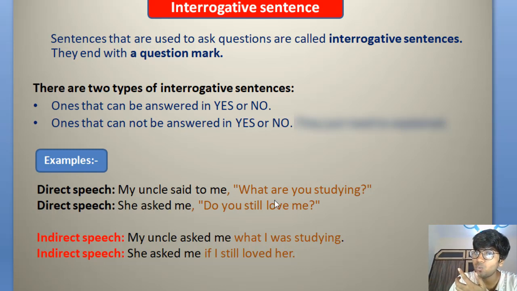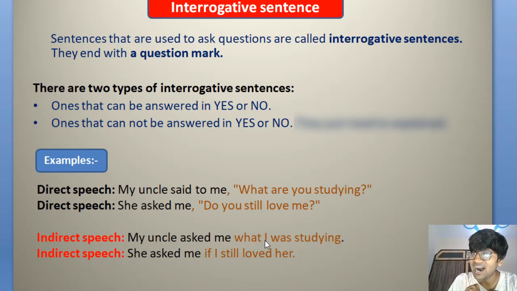Now, why was? My uncle said to me, "What are you studying?" Who is you? You is referring to me, right? And the subject of a sentence, of a clause, is always the first person pronoun. My uncle asked me what I. You is changed into I. It has to come before the verb, and that is how you make an assertive sentence.